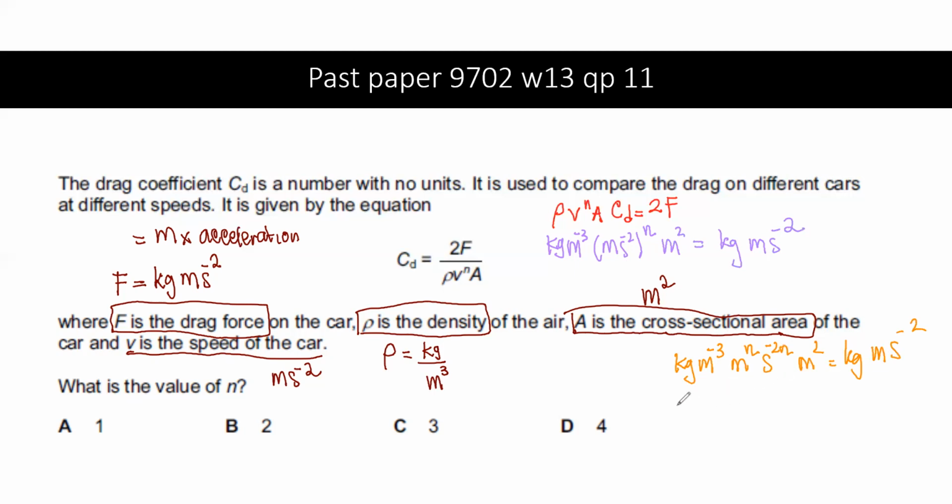We can simplify: kilogram, meter to the power of minus 3 plus 2 minus 1 plus n, s minus 2n, equals kilogram meter second minus 2.